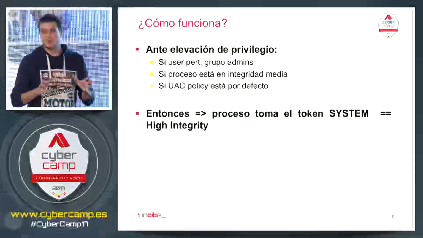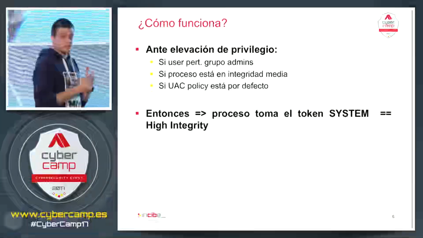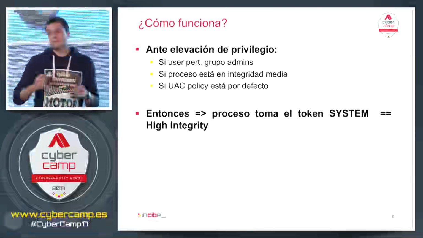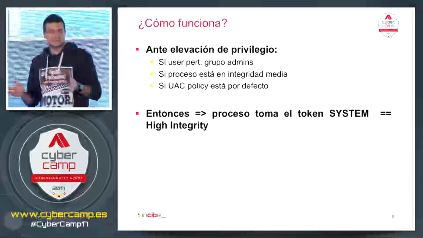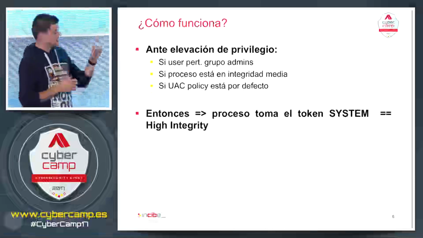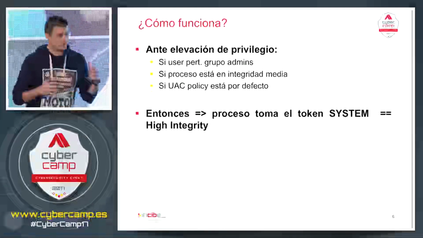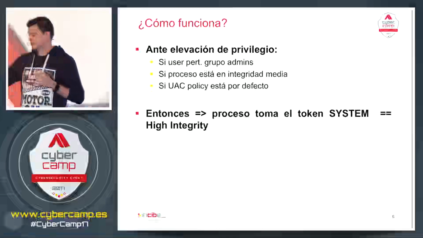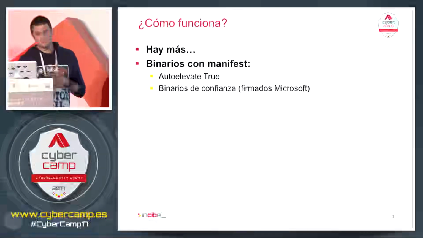And if you're running this as a user of the administrator group, any process with integrity, and if there's a default UAC policy in place, then you'll be able to have a bypass. So when we do a bypass, what we can do is to bypass this UAC.